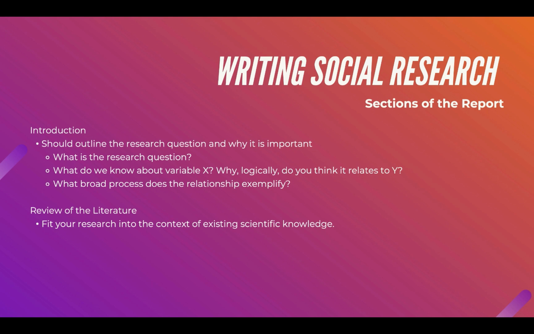But what you can start thinking of is how your X variable fits into a class of X variables, and how your Y variable fits into a class of Y variables. That way you can get to a meta stage and say, okay, what does the literature say about this type of X variable and this type of Y variable? For example, I might say friendships are important for protest participation, meaning having friends go to protest events is very important for protest participation.